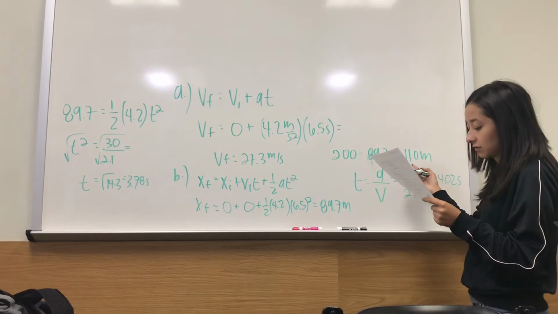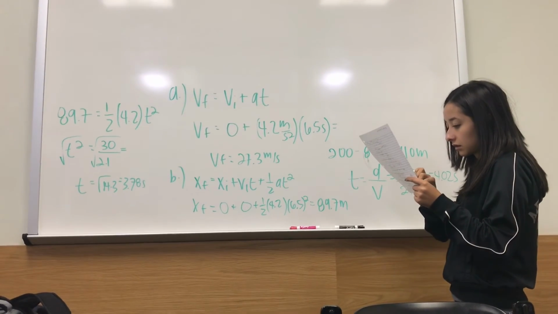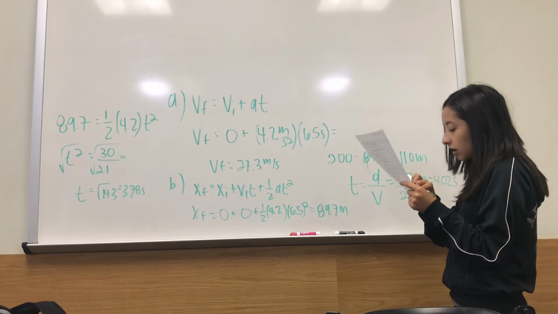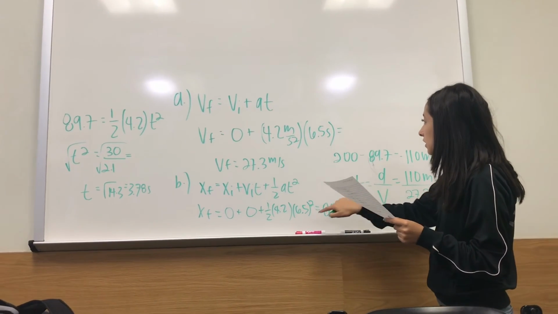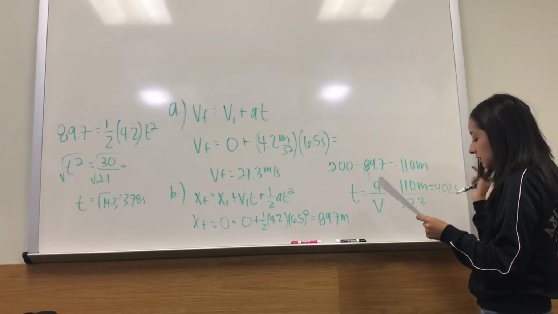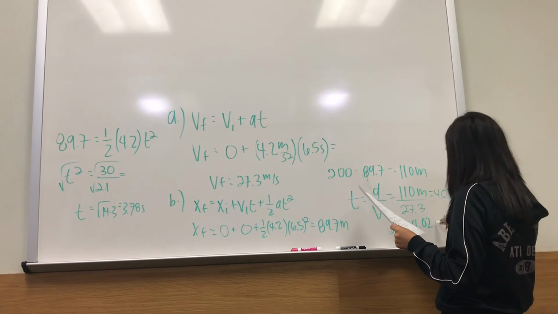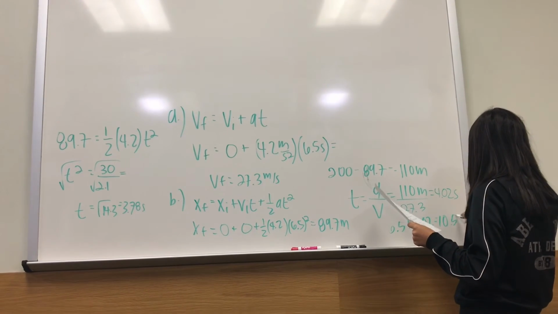That's how long it's going to take it to run 110. So you just need to add the time it takes it to run here, and then add it to this. So it's 6.5 plus 4.02, and that should give you 10.5 seconds.